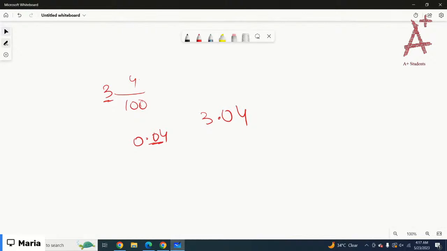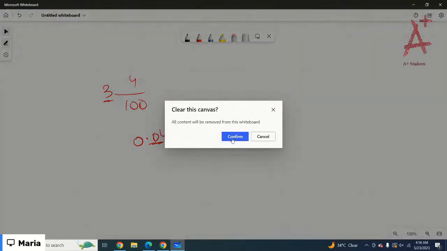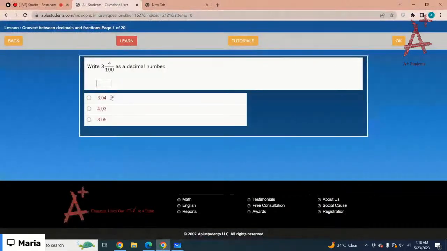Got it? Option number 1 is the correct option.